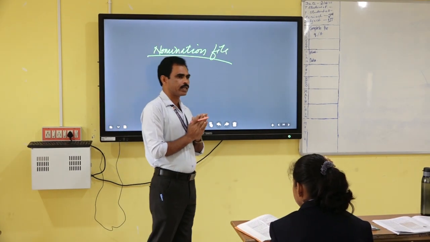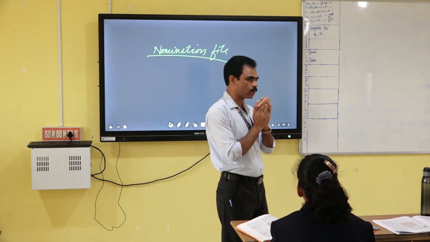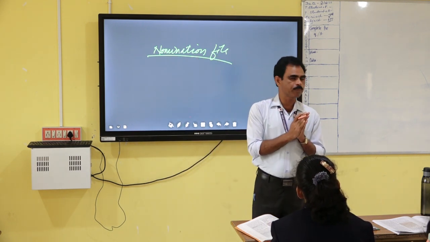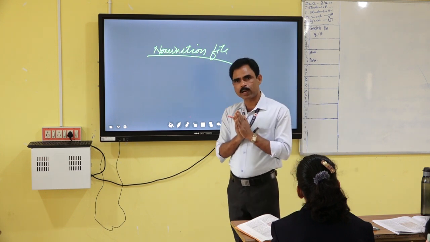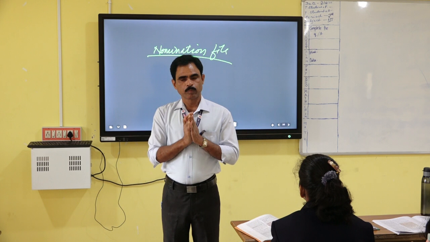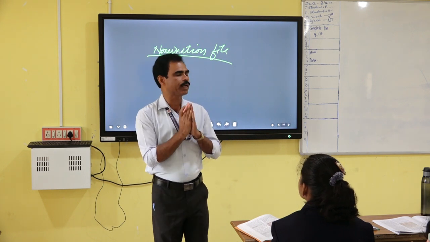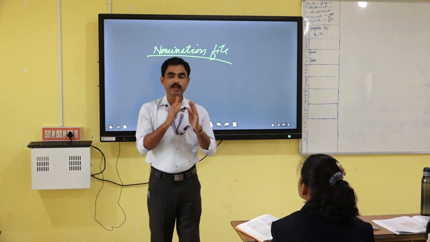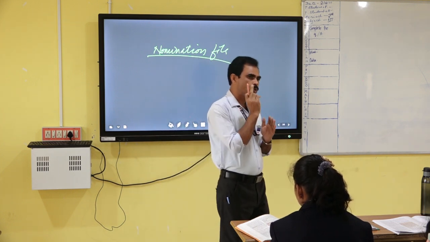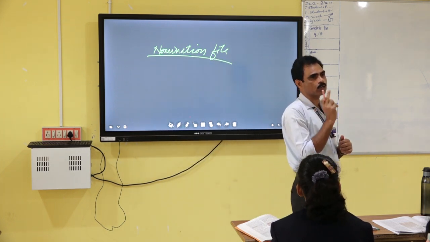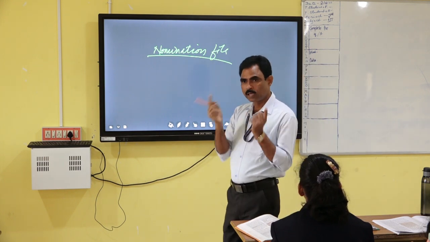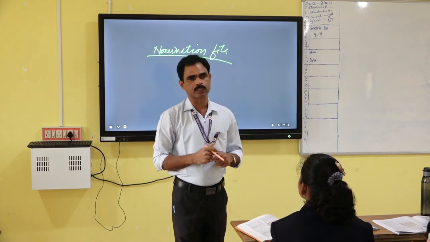So some candidates contest in the election without the support of any political party, because our Indian constitution gives the right to elect one's representative or to be elected as a representative.